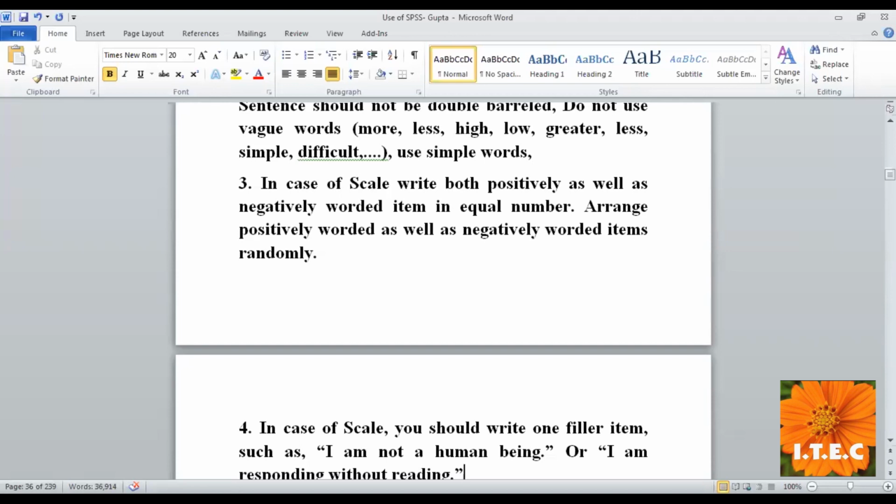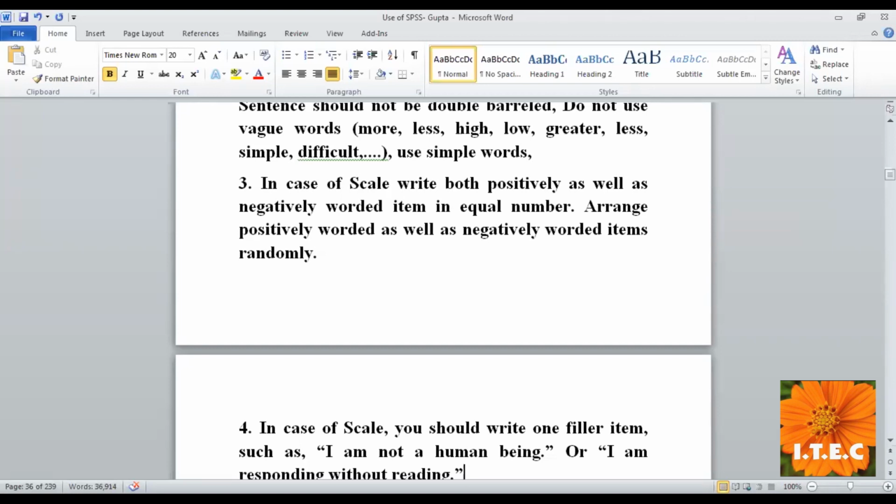If you write, I'm not a human being, and if they put the mark agree, that means the person has not read, and therefore the answer sheet of this particular person should be thrown out. So therefore it will be very helpful.